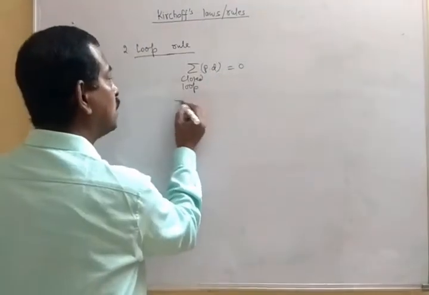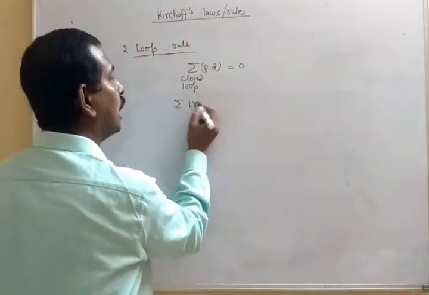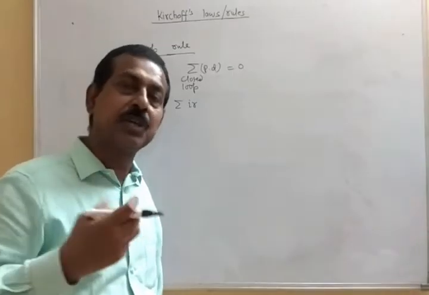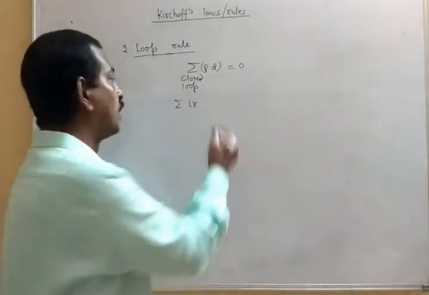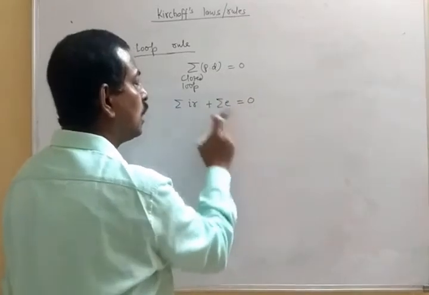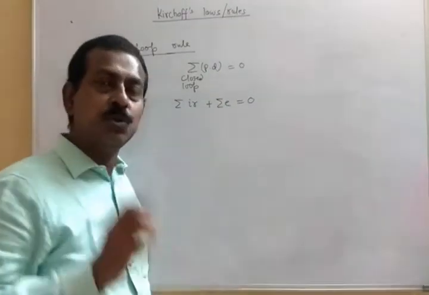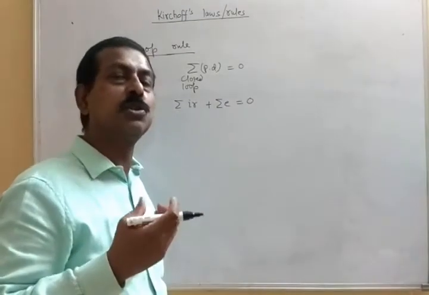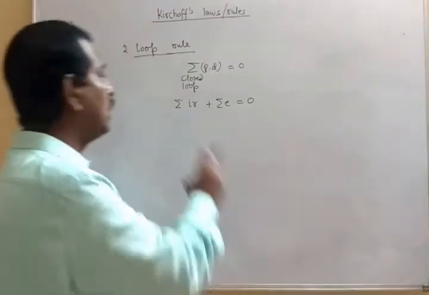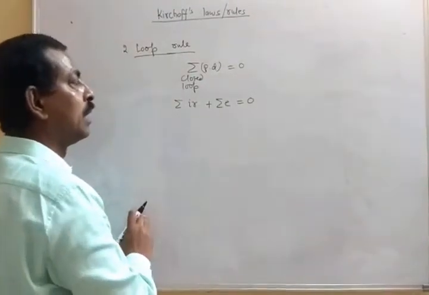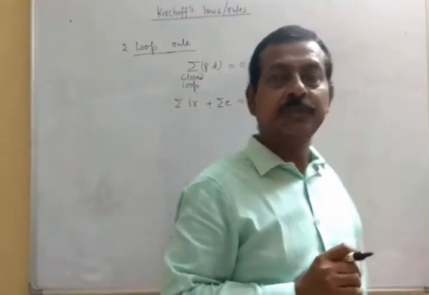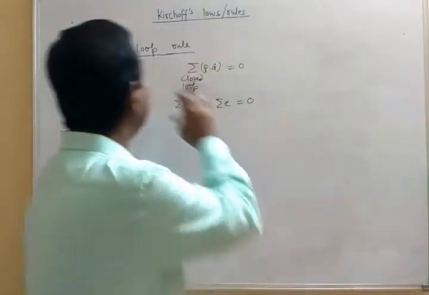So this can be written as summation IR, which gives the algebraic sum of the potential differences across the different resistors, plus summation E, the algebraic sum of the potential differences across the sources of EMF, that is the battery or the cell, equals 0. This is the mathematical expression of the loop rule.